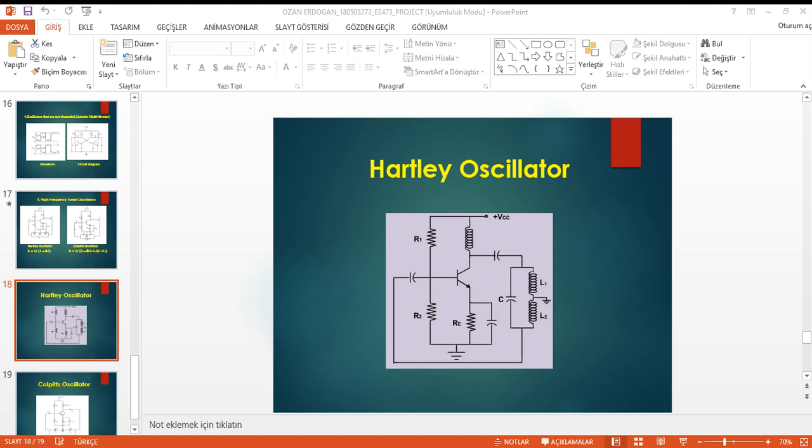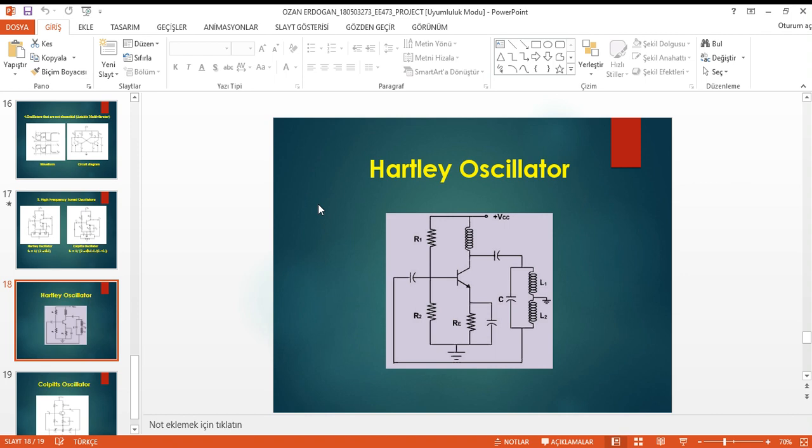The sine wave generated by the tank circuit is coupled to the base of the transistor through the capacitor CC1. Since the transistor is configured as a common emitter, it takes the input from the tank circuit and inverts it to a standard sine wave with a leading positive alternation.